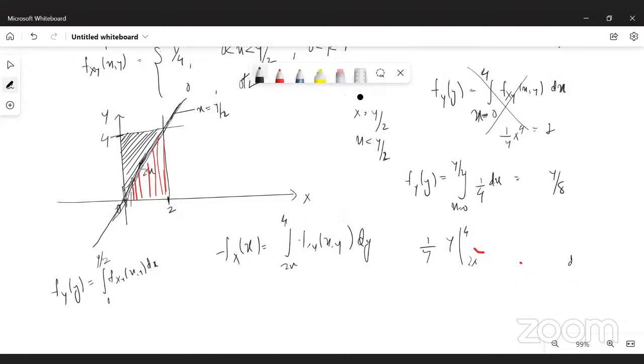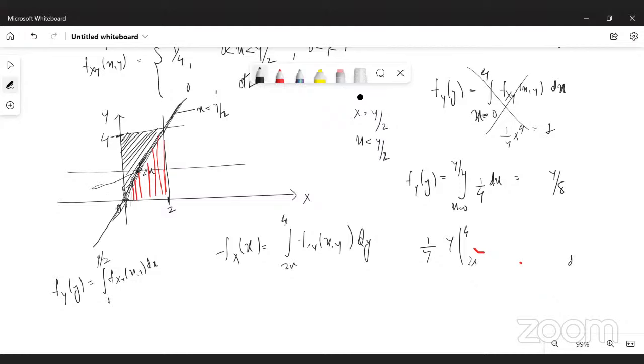Okay, so we are fixing our y and integrating with respect to x. If you have to integrate with respect to x, you just draw a horizontal line. So how is this horizontal line touching this red shaded region? The first is this point. How is this point defined?